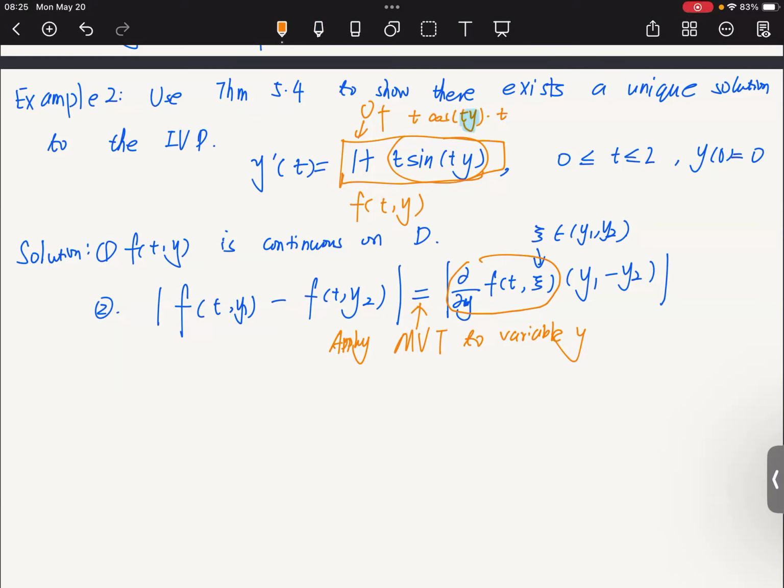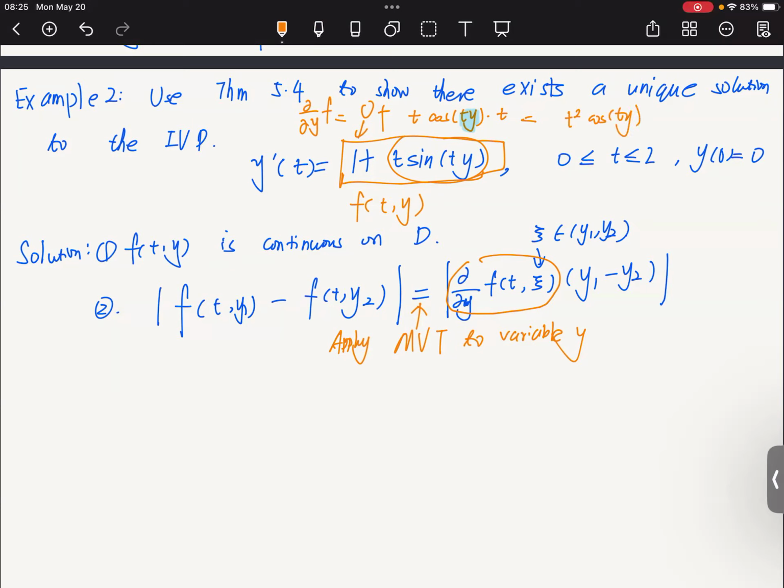So at the end of the day, the partial derivative of f equals t squared cosine ty.